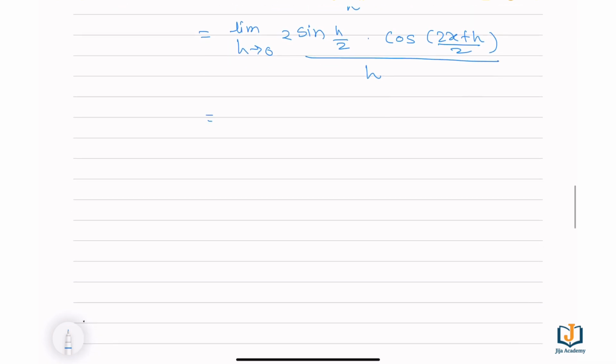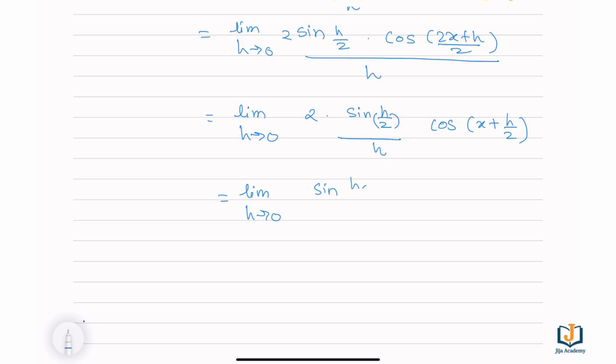So here limit h tends to 0 2 into sin h by 2 divided by h into cos (x plus h by 2). So limit h tends to 0 sin h by 2 divided by h by 2, limit h tends to 0 cos (x plus h by 2).